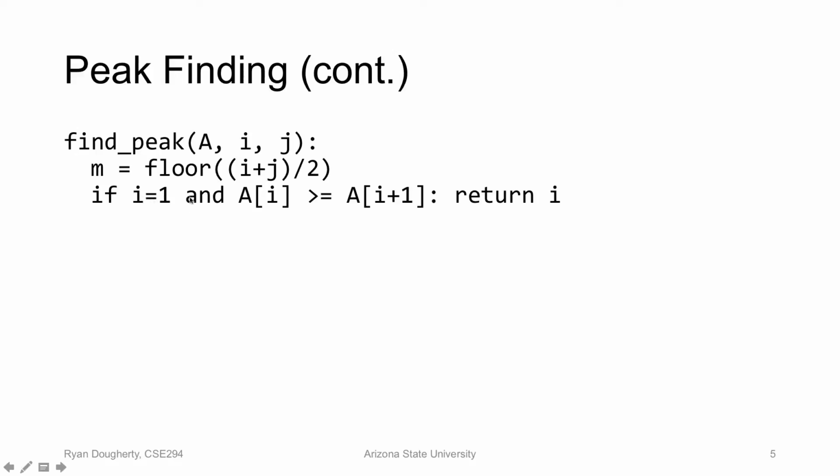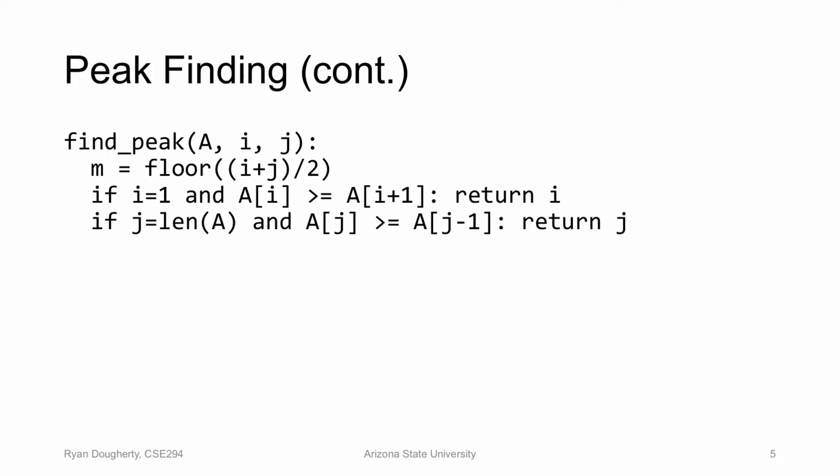If it's at the beginning of the list and its value is greater than the second element, then we must return that peak, because that's the definition of a peak at the starting end. If it's at the very end and it's greater than the second to last element, then we must return that. Those are just the two edge cases there, literally edge cases.